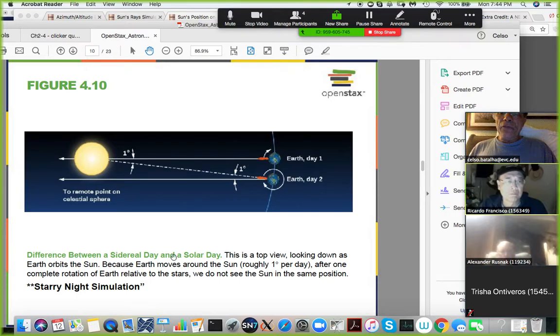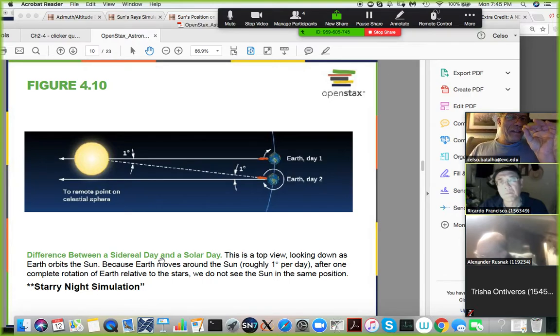So there is a difference between sidereal day, which is the true time that takes Earth to complete one spin around its axis of rotation, and the solar day, which is the time it takes the sun to get out of its position and go back to that same spot again the next day.